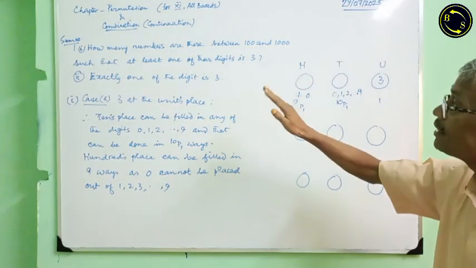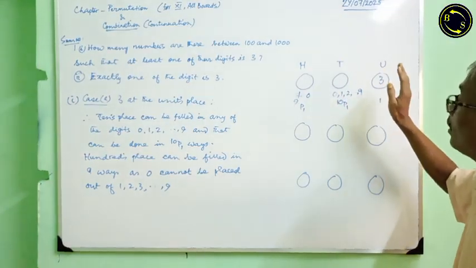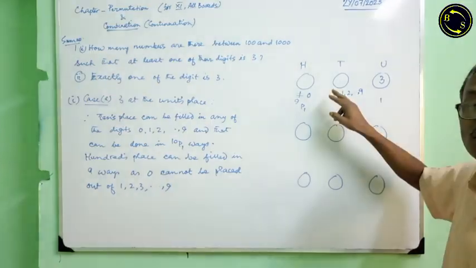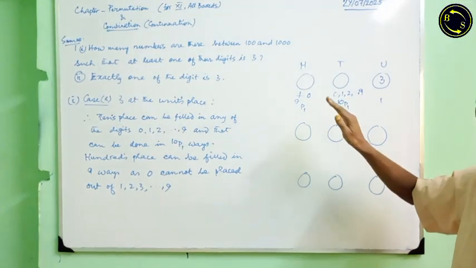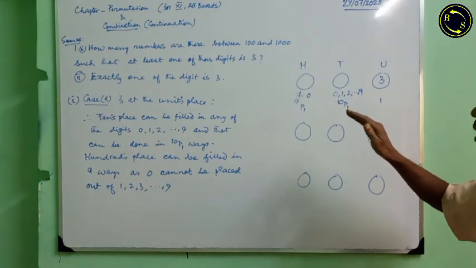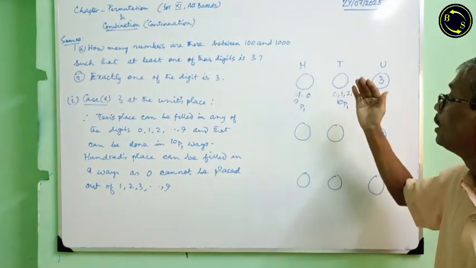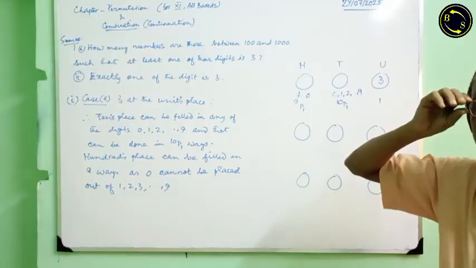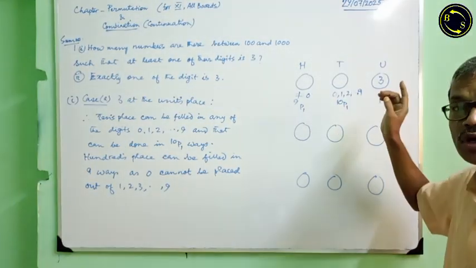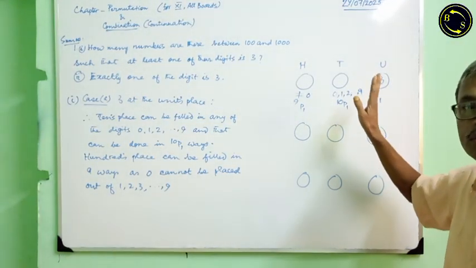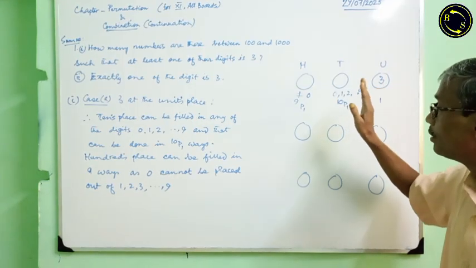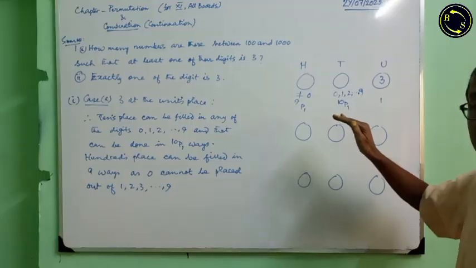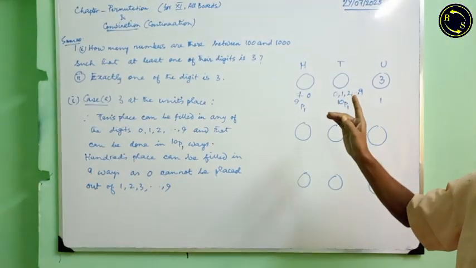Since at least 1 three is there, already we have put 1 three. Therefore, in this case, we can put any of the digits starting from 0 to 9. Now, hundreds place. 0 cannot be placed here, because if we put 0, then each of the numbers formed will be 2-digited. That means this can be filled in remaining 9 digits starting from 1 to 9.